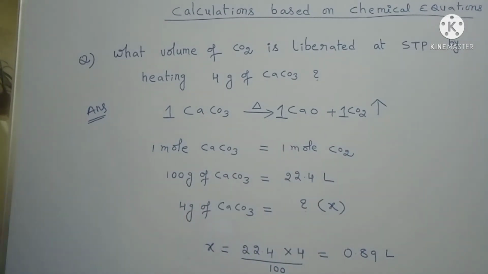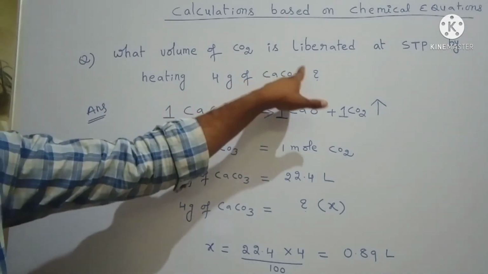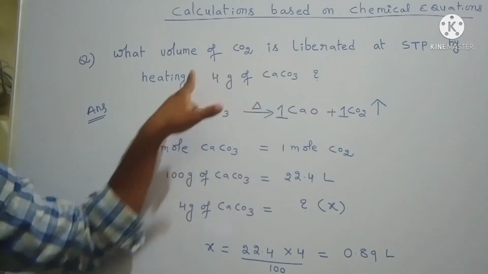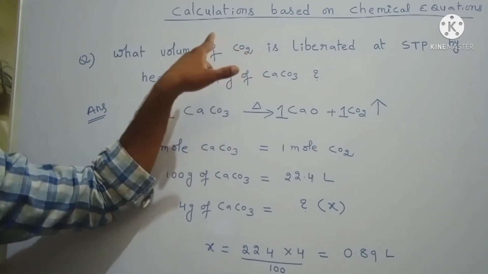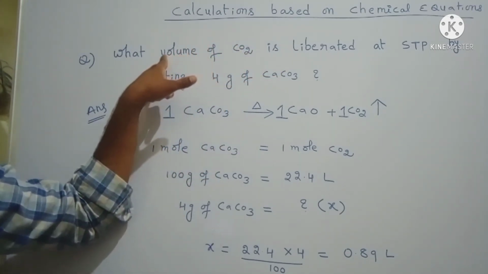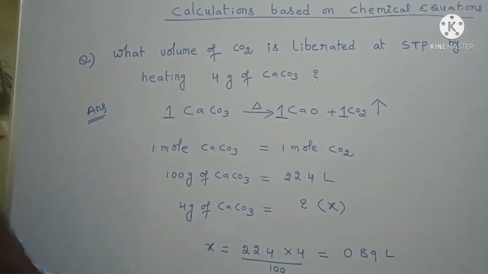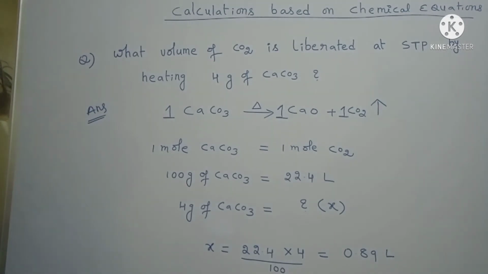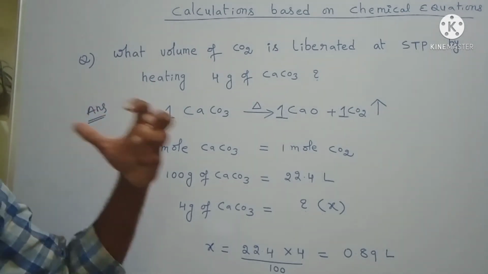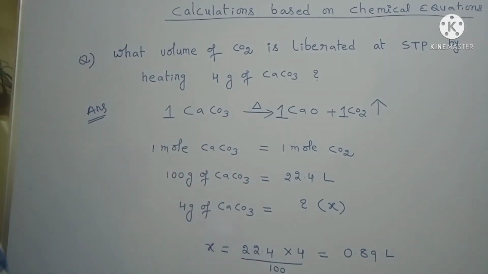See here, calcium carbonate is given in weight and carbon dioxide is given in volume, meaning you are going to find in terms of volume. So this type of problems we generally call weight volume relationship calculations.